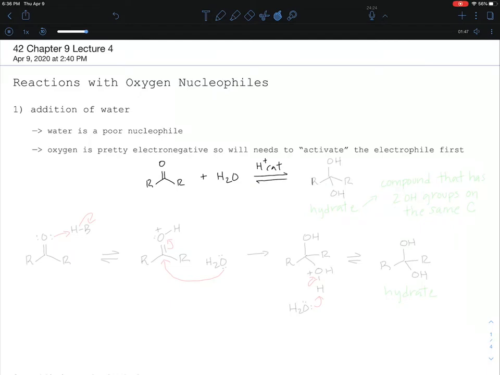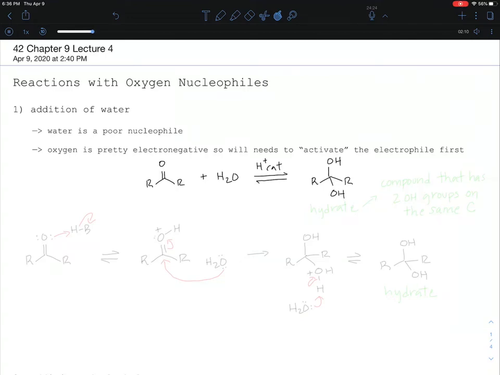And what you get is going to be a molecule where I have two hydroxyl groups coming off of the same carbon.